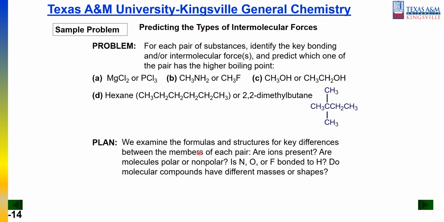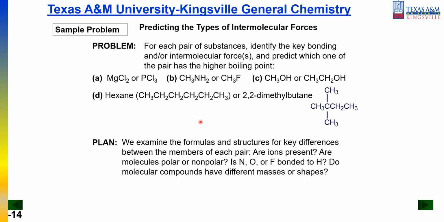You may ask yourself, are the compounds composed of ions? Are they ionic or not? Are ions present, such as in magnesium chloride? You do have ions. Are those molecules polar or non-polar, such as group B?